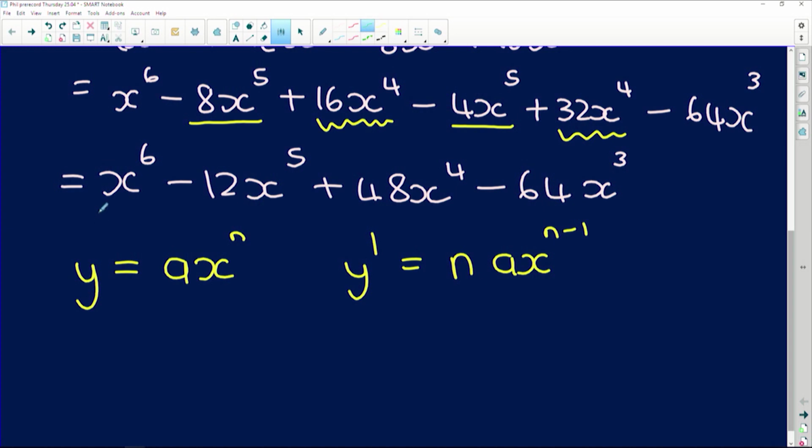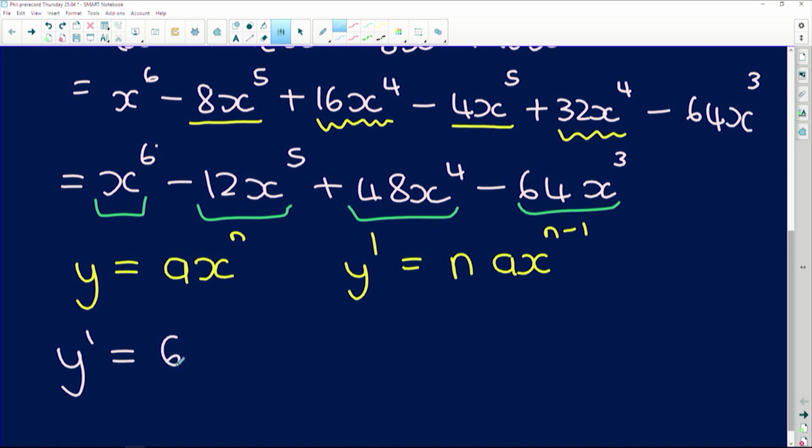Okay, so we need to do that to all these little individual terms here. Okay, so if we want to find y prime, the first term, we take the exponent to the front, x stays the same, and then we subtract 1 from the original exponent, so we get 5.